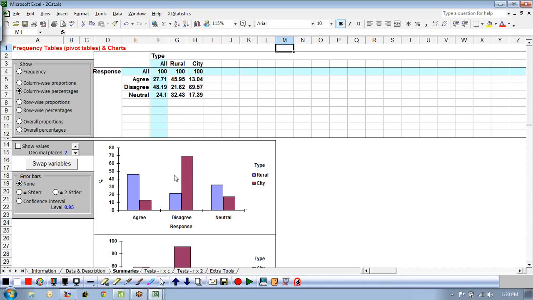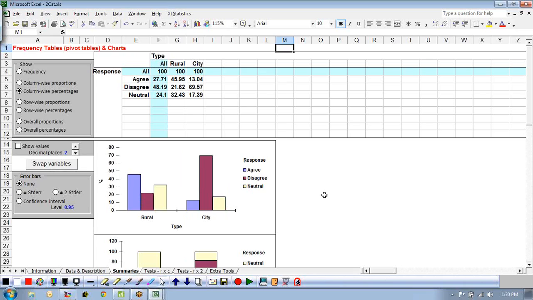To me, it really does look like there's a difference in agreement and in disagreement and in neutral when we're talking about city versus rural people. Okay, same way with this. It doesn't look like it's flat all the way across, both for city and rural. Either way you look at it, that's basically what we're talking about.